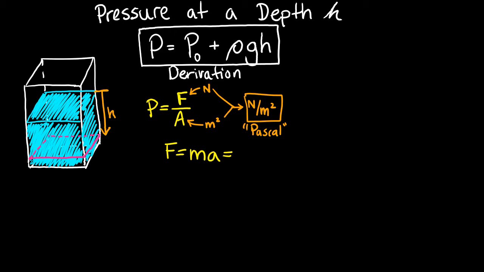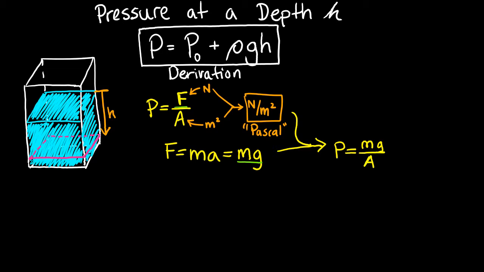So force, really weight, equals mass times the acceleration of gravity. Now we're going to substitute mg, where F is, in the pressure equation in the first step of our derivation. Pressure equals mass times gravity divided by area.